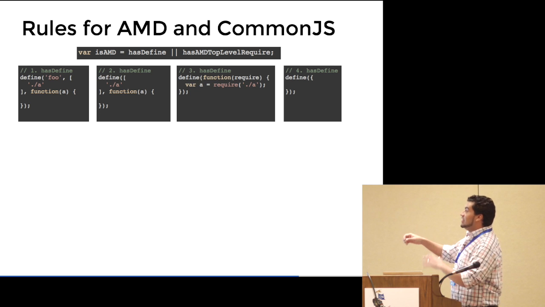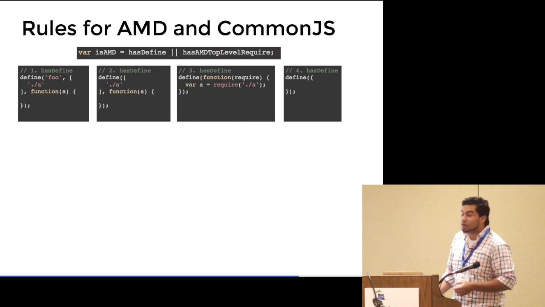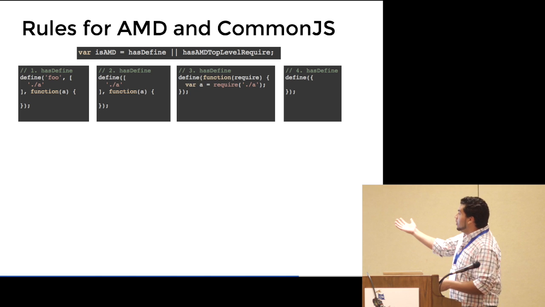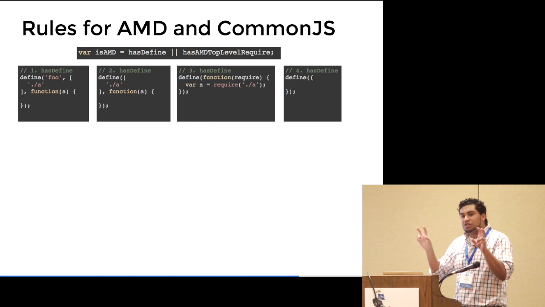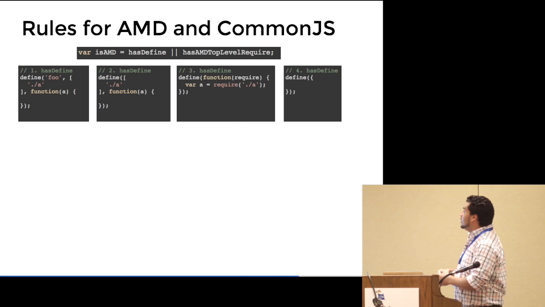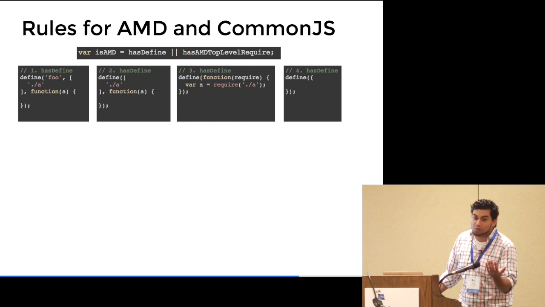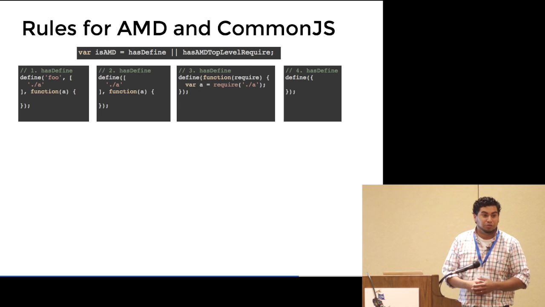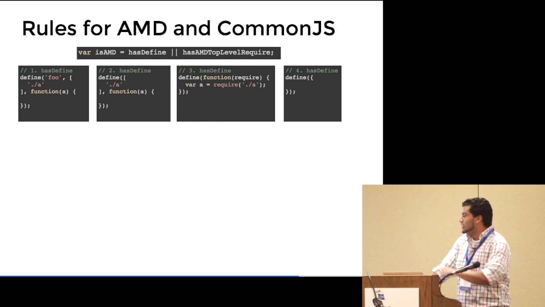Or in the second case, it has no name, no string literal as its first argument. Or it uses kind of a CommonJS style of import where you have a factory function that takes in a require statement, or it has no dependencies whatsoever and it's just an object singleton as the first argument to the define function call. So that's the first part of that condition there, the has define.